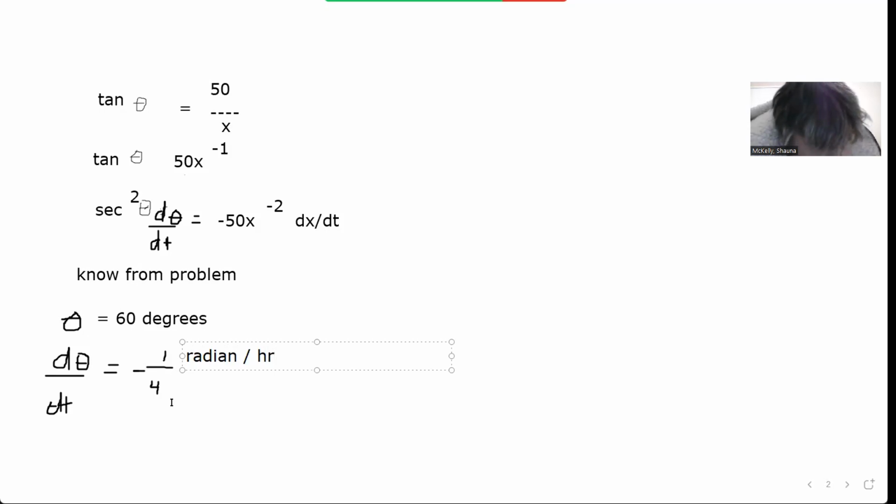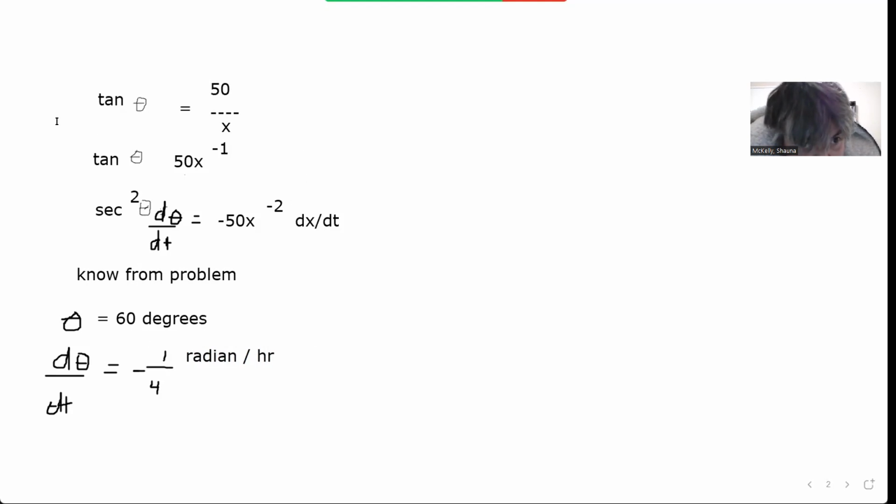Okay. Now, the one thing to be aware of, notice, this is why I advocate degrees. Theta is 60 degrees, d theta dt is in radians per hour. So you need to be able to convert this. So that's the first little tricky establishment about this.